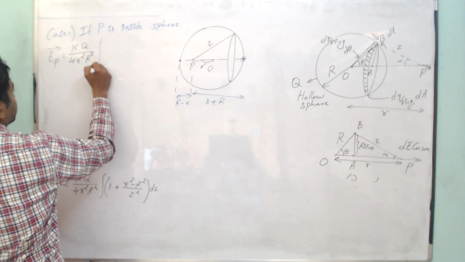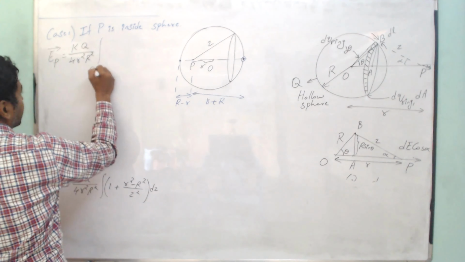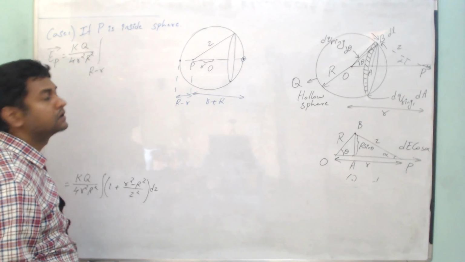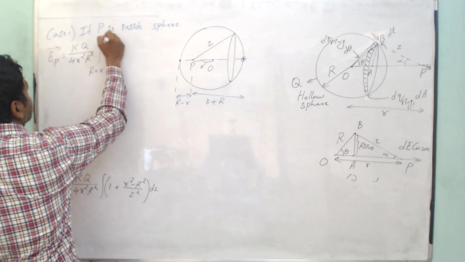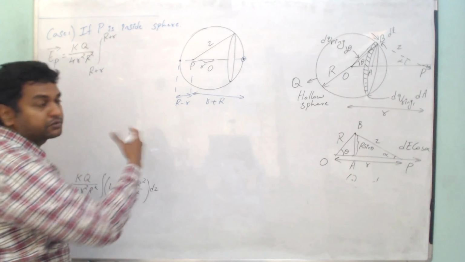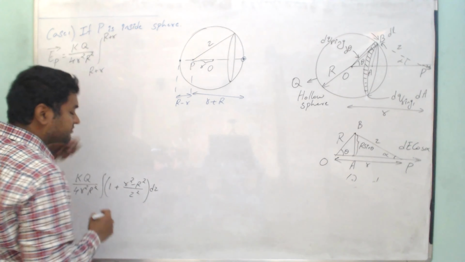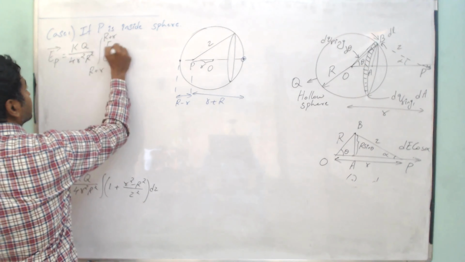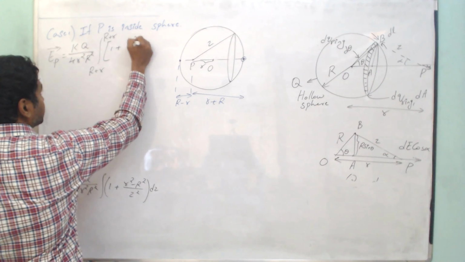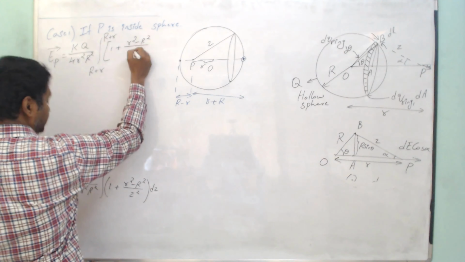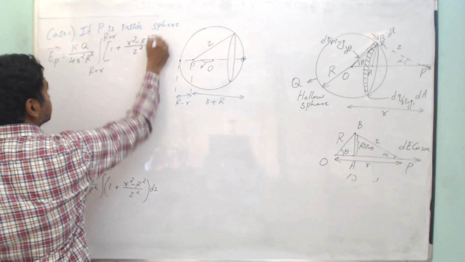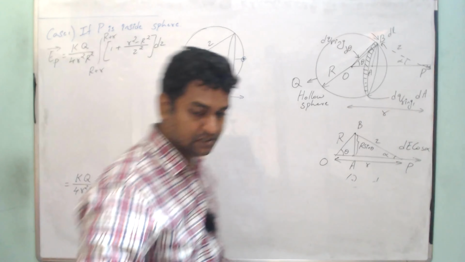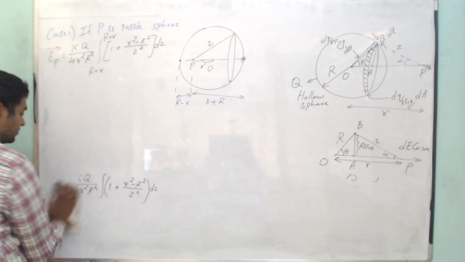So can I write the limits as capital R minus r to capital R plus r? Okay, the only difference is the minus sign. I'll explain the integral parts after this derivation. What do I have remaining? I have 1 plus r square minus capital R square divided by Z square, dz. This in itself also has solving.